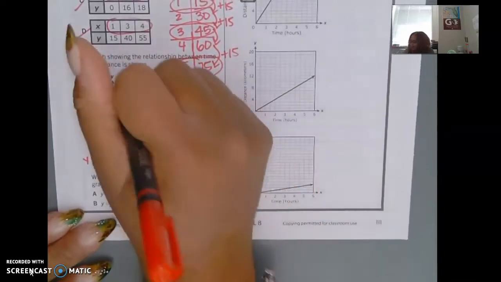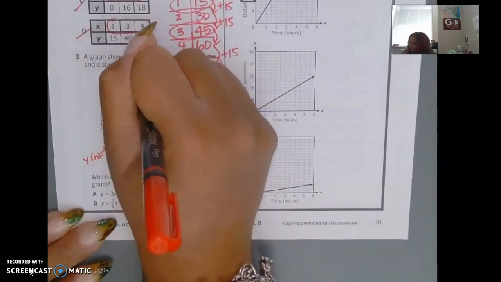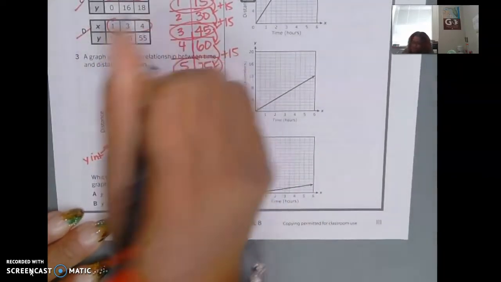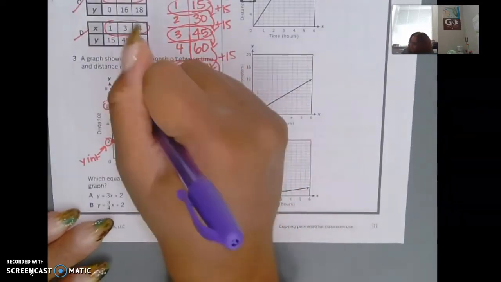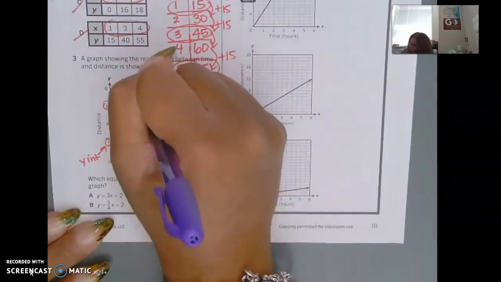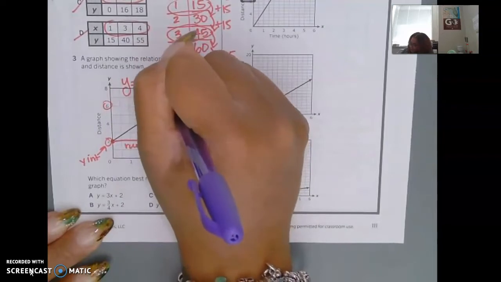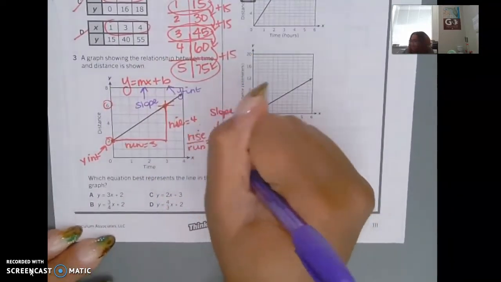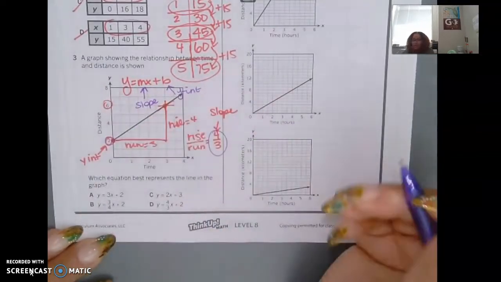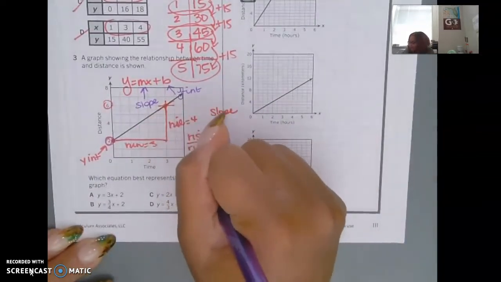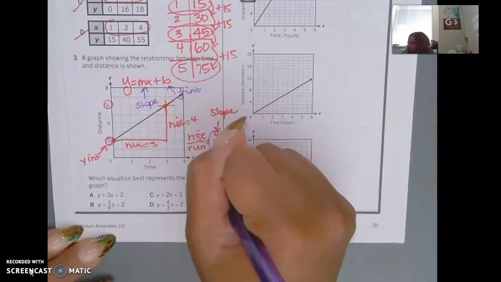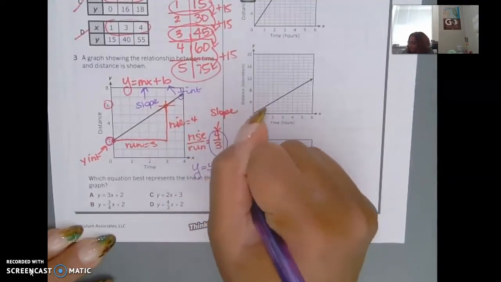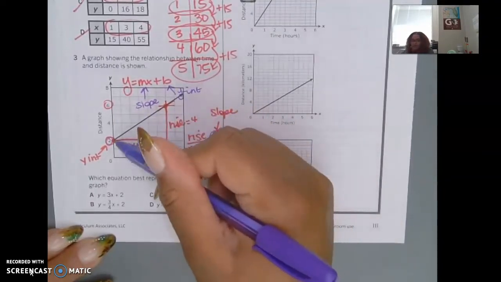In the y equals mx plus b equation, m is my slope, and b is my y-intercept. So I'm going to take this 4/3 and this 2, and I'm going to write an equation of y equals 4/3 x plus 2, because this is a positive 2.